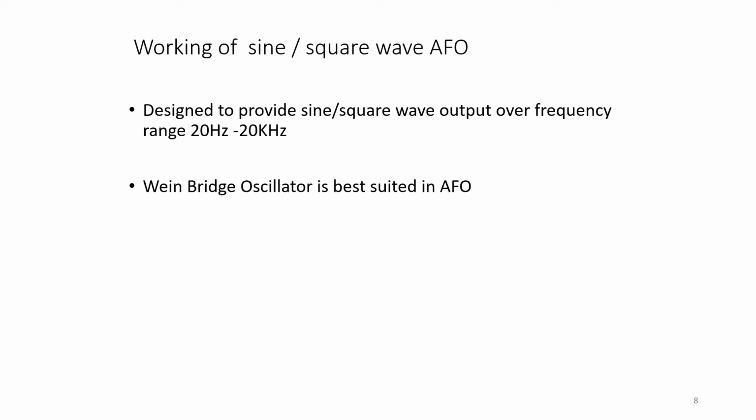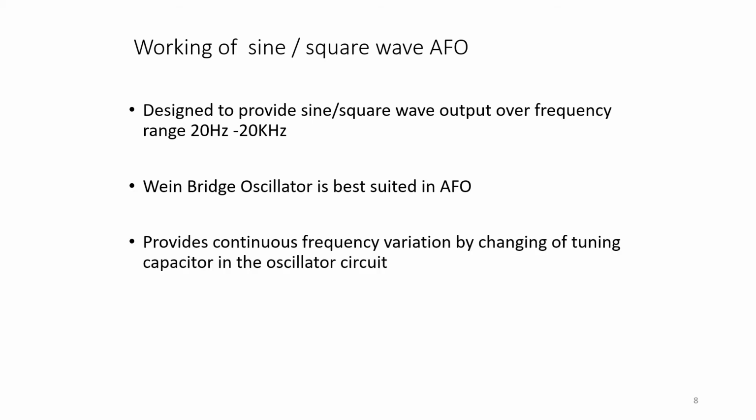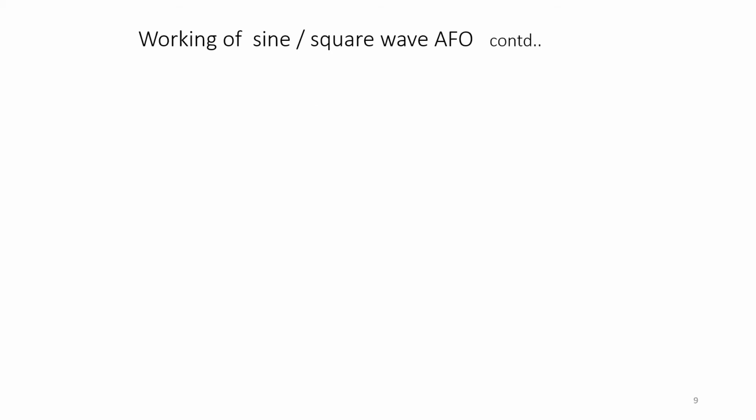Next, a Wien bridge oscillator is best suited in an audio frequency oscillator, which provides a continuous frequency variation by changing the tuning capacitor in the oscillator circuit. The output of the oscillator is controlled by a function switch.